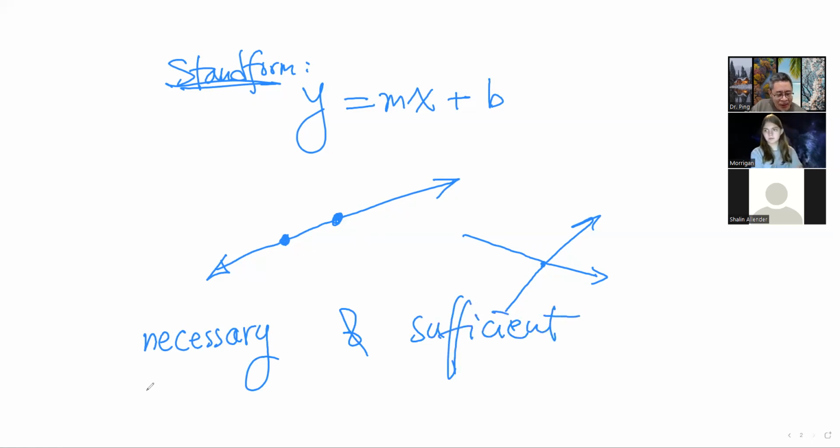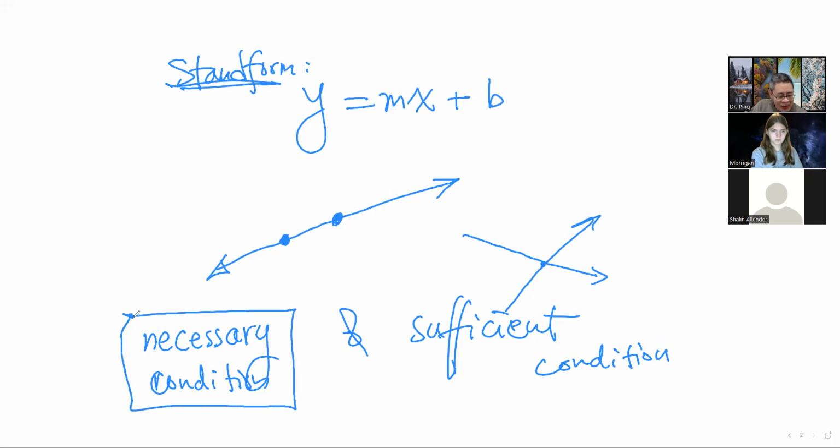No. Okay, so in logic, we talk about necessary condition and sufficient condition. There is a difference between them. A necessary condition means you need to have that, at least you have that. So in this case, we need to have at least 2. I mean, 3 will work, and 4 will work, 5 will work.